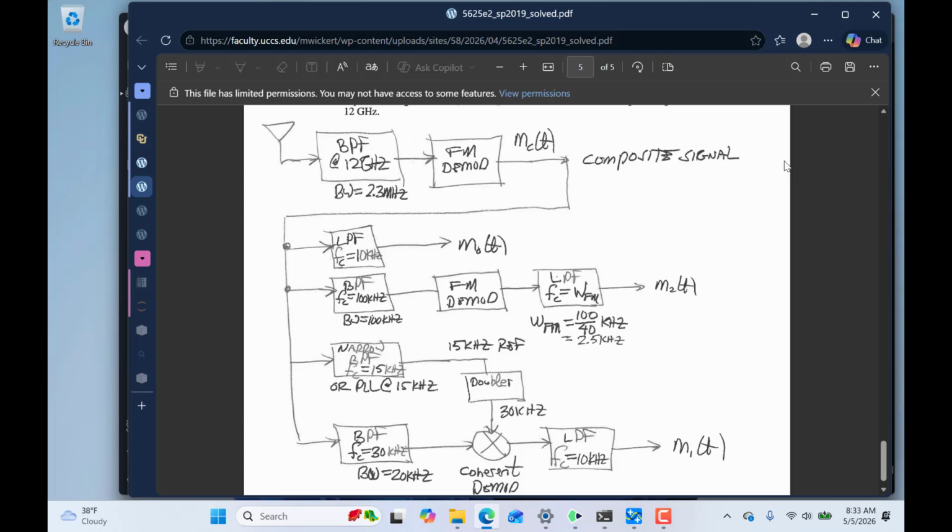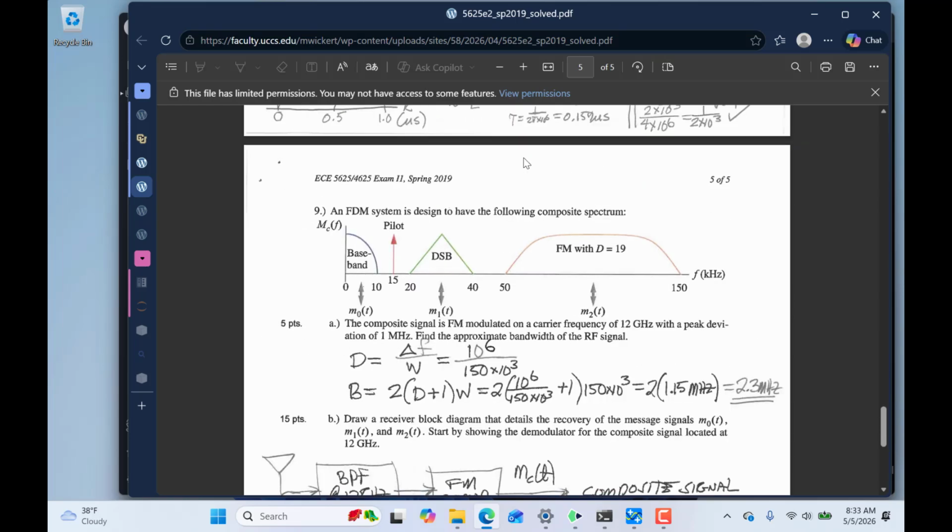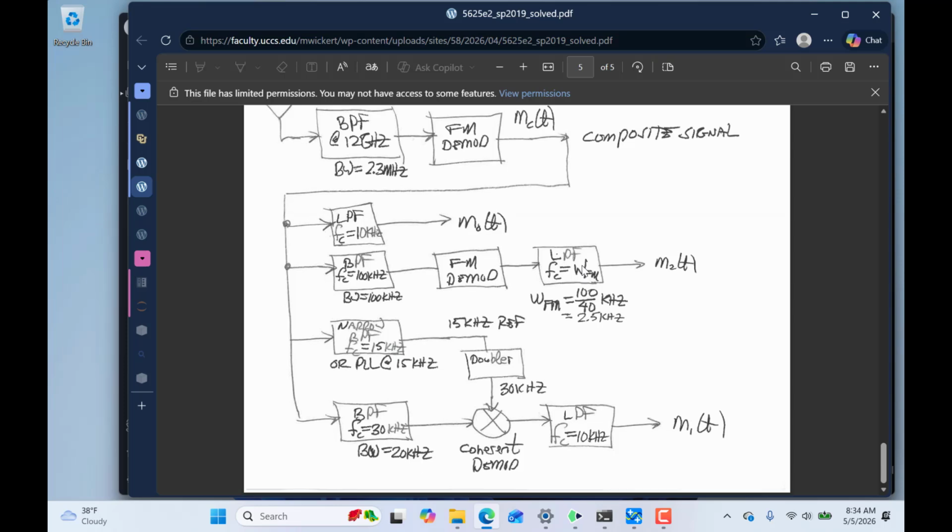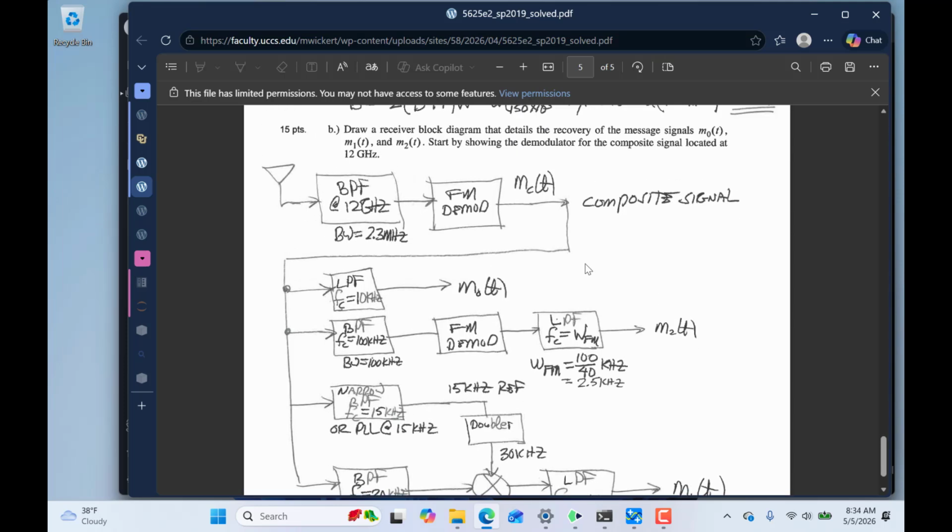Now we have the composite baseband signal, so this should be the composite signal, M_C, so it's going to have all those components in there. We just want to recover the individual messages, so just like what I had in the notes, a low-pass filter to get back the M0 signal.